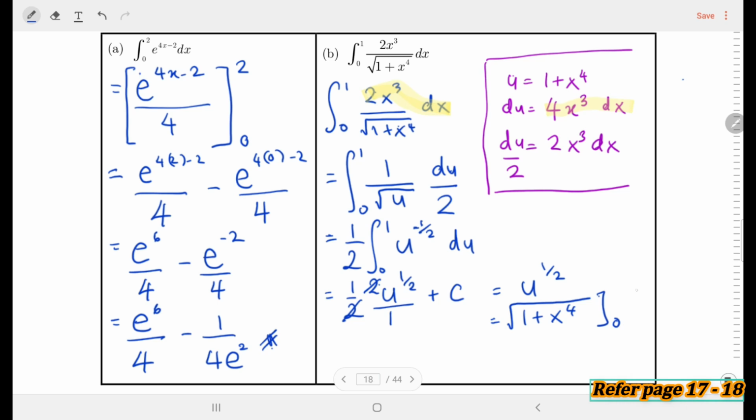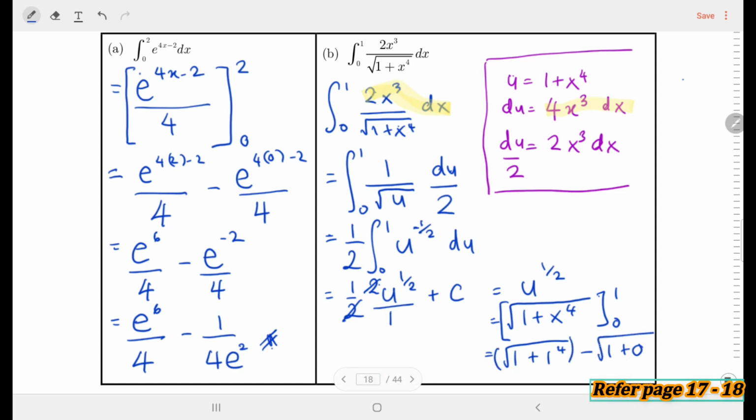The limit from 0 to 1 is in square brackets. Now we do a subtraction: the square root of 1 plus 1 to the power of 4, minus the square root of 1 plus 0 to the power of 4, which is 0.